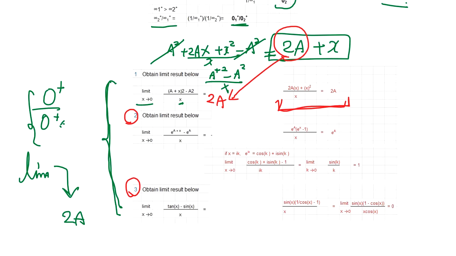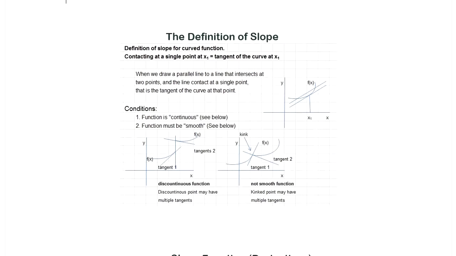Is that important? What's the use of this? Why are we doing this? This is exactly the definition of the derivative. So I'll show you why this is so important. Okay, in the algebra section, you learned Euclidean geometry, which has postulates, and that doesn't cover an arbitrary curve, like a quadratic equation has a curve, right?